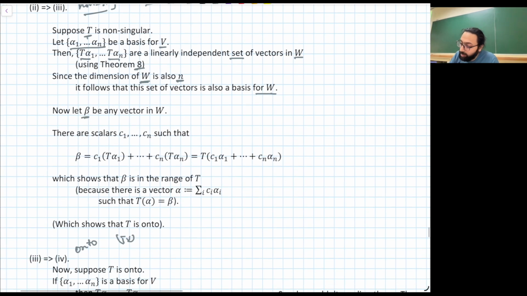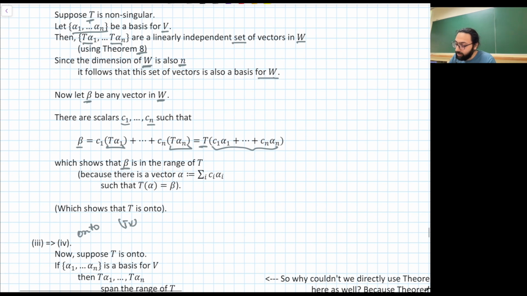Now let beta be any vector in W. The scalars c1 to cn are such that beta is a linear combination of T alpha 1 to T alpha n. So you can use this as a basis, right? T alpha 1 to T alpha n are a basis, so you can express any vector beta as a linear combination of this basis. That's all we've done, and because T is linear, we can pull it out, take the coefficients inside and apply T to that.